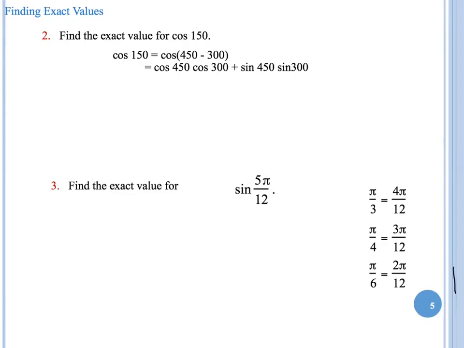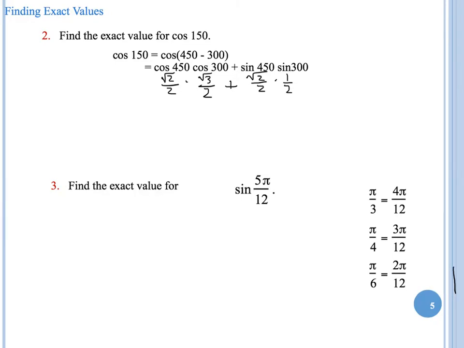We could do 45 minus 30, we could do 60 minus 45, but in this case, I decided to take 45 minus 30, and with our cosine formula, that means we do cosine cosine plus sine sine, and we know that 45 degrees gives us the square root of 2 over 2, and sine of 30 I have memorized, so the cosine of 30 must be the square root of 3 over 2.